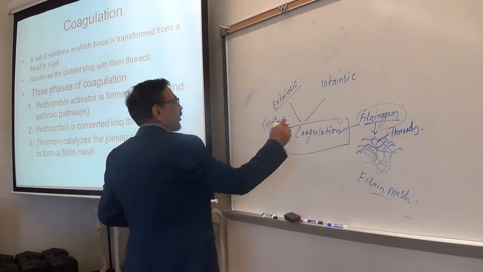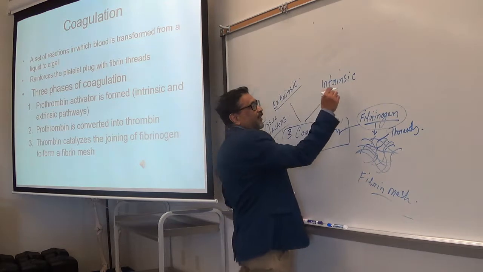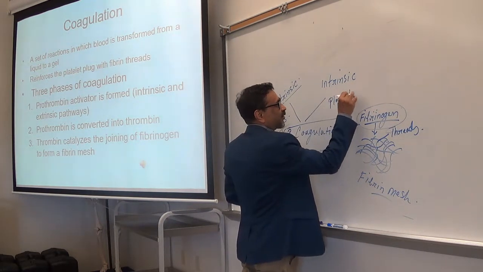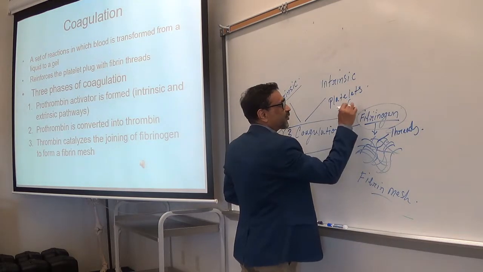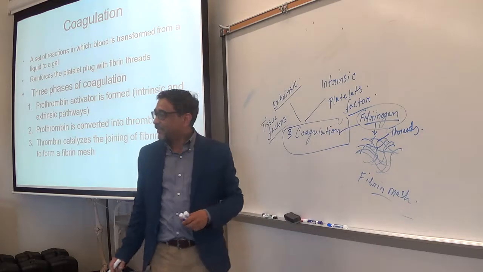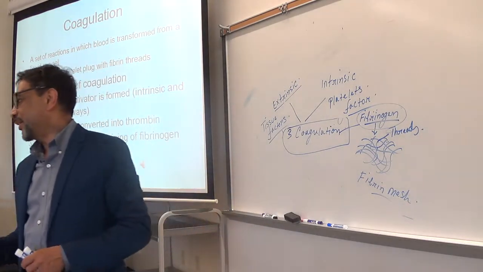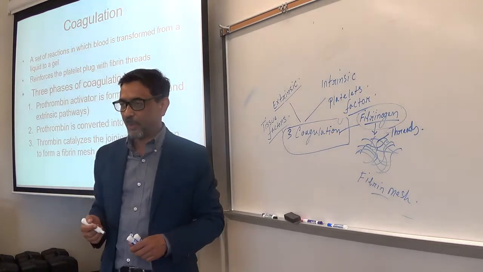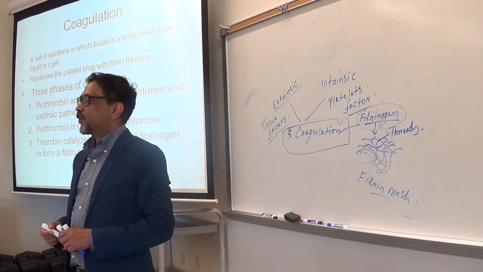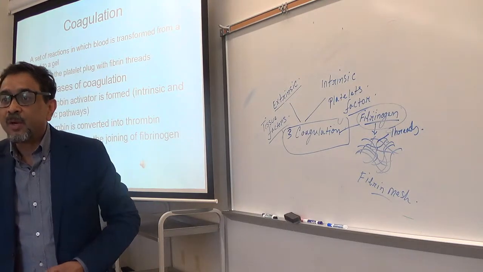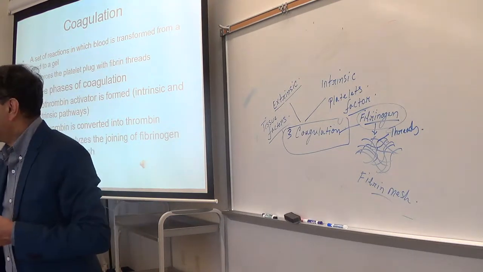Intrinsic. To activate, you need platelet factors. That means platelets should release certain chemicals to trigger the intrinsic pathway. Now you tell me, sometimes you know that blood clot occurs inside the artery, right?